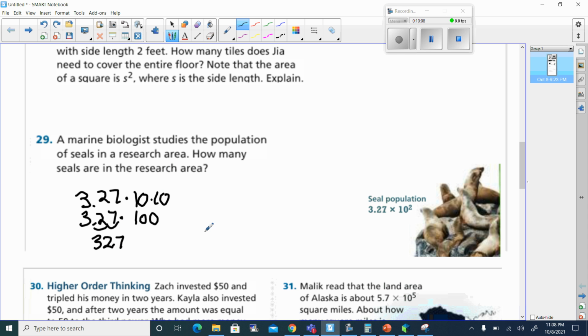If you're wondering if that makes any sense, let's try it here. If I have 3.27 and I multiply it by 100, looks like I put a little I on that one, doesn't it? Remember, all these are going to be zeros across here. The second row is also going to be a bunch of zeros.